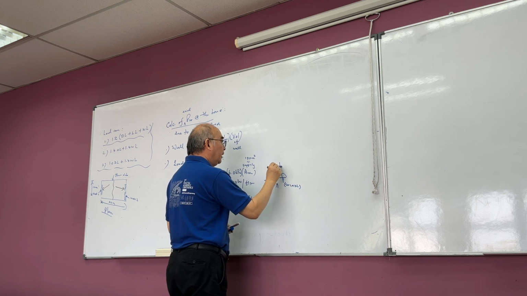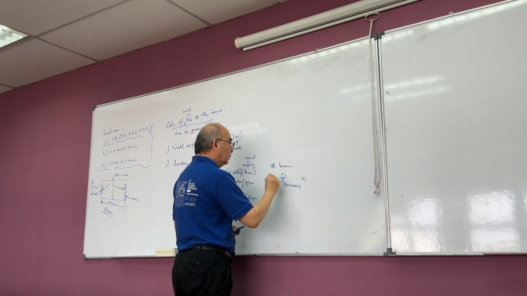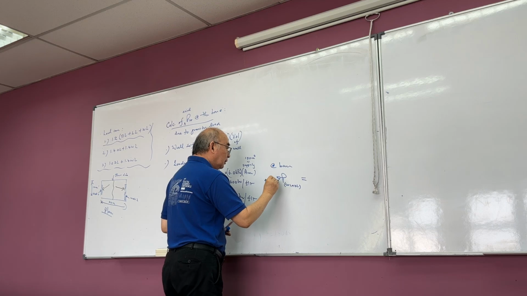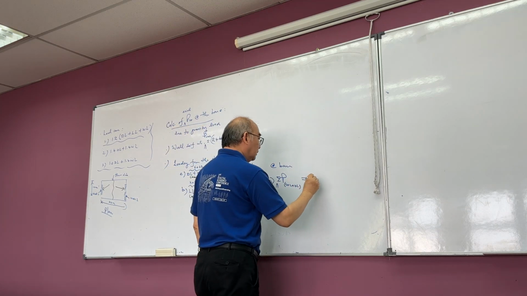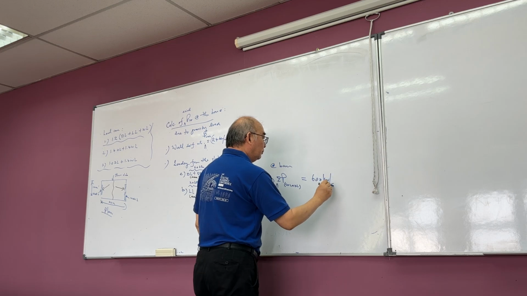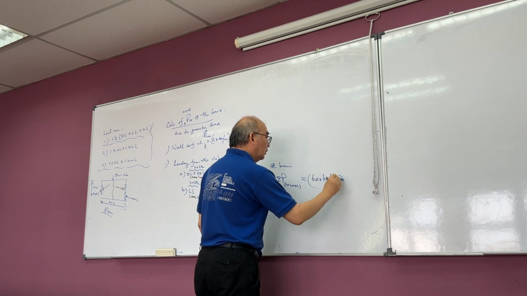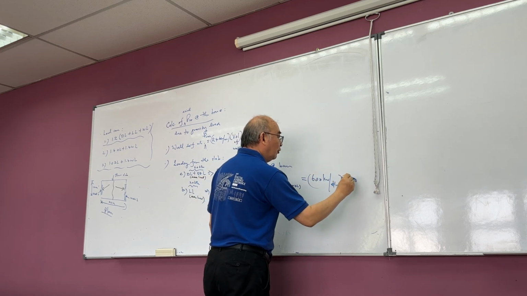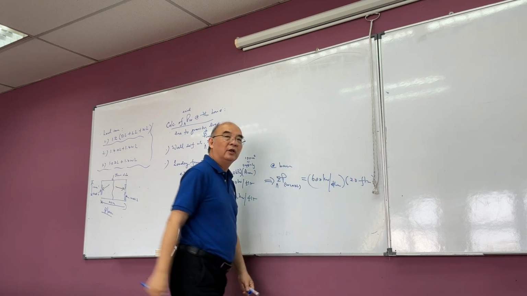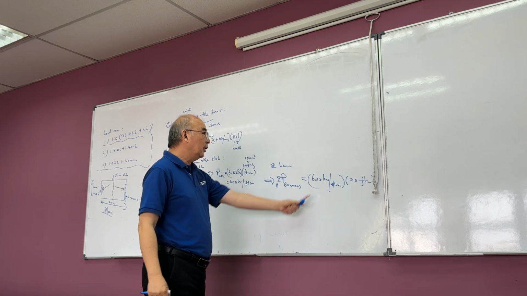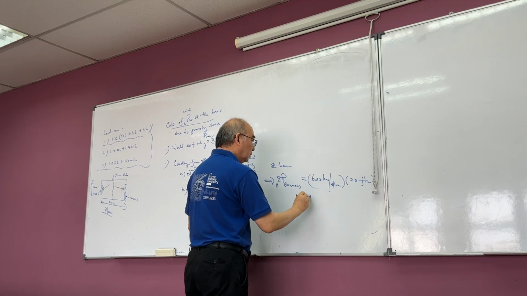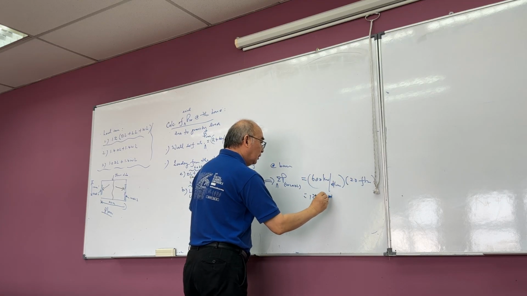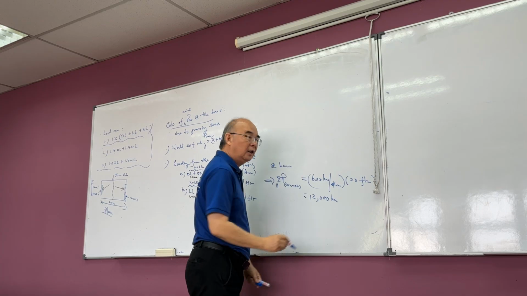At base, the summation is equal to 600 kilonewton per floor. Let's say I have 20 floors, then there will be 12,000 kilonewton at base.